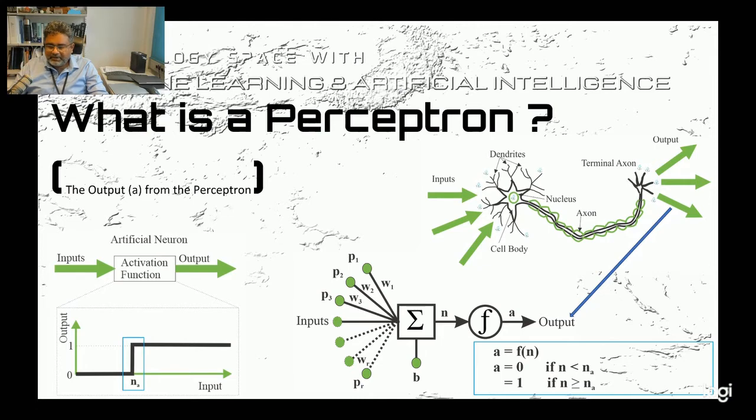In a more biological sense, when the inputs or the electrical sparks getting into a biological neuron are beyond some sort of threshold value, then the biological neuron itself will get excited. That is what is represented in this mathematical formulation for the perceptron. Otherwise the output is going to be 0.